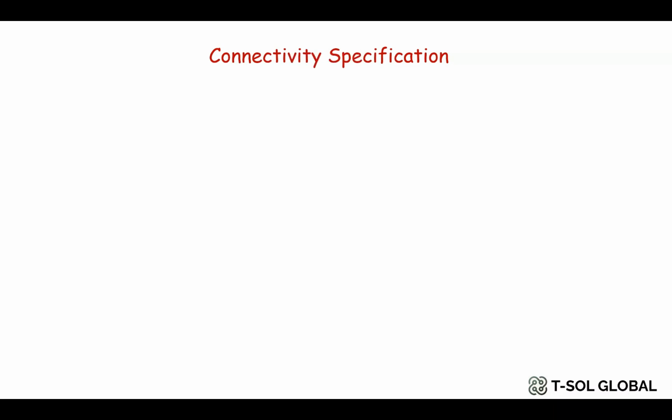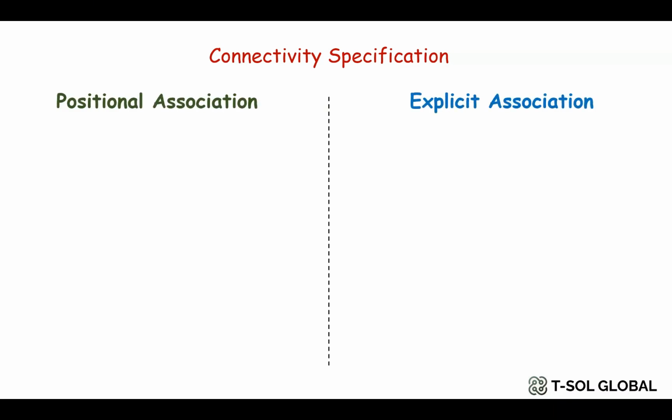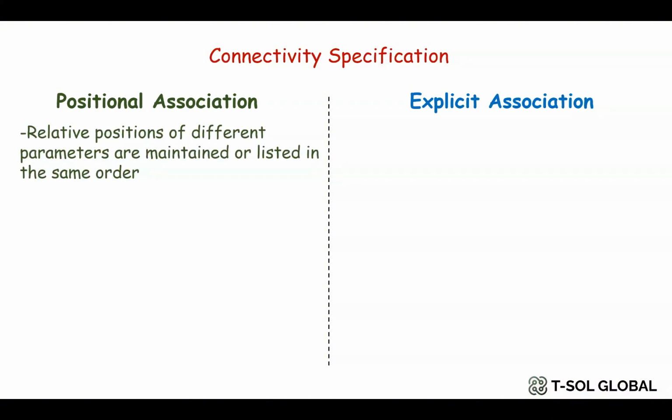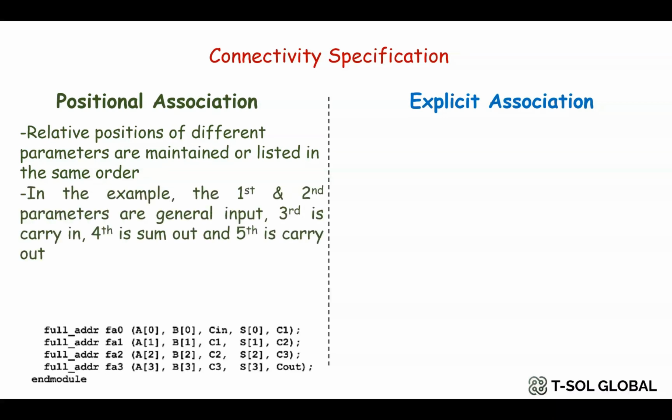The connectivity of different signals in Verilog can be specified as positional association and explicit association. In positional association, the relative positions of different parameters are maintained or listed in the same order.